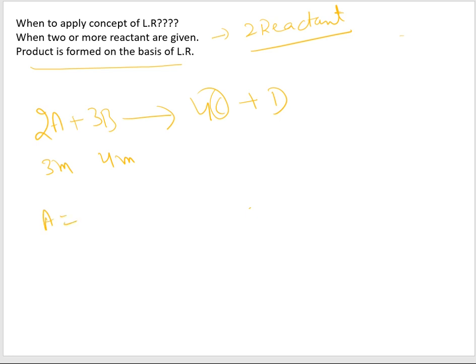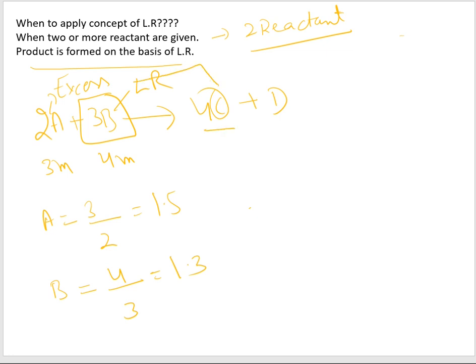For A, 3 moles upon the stoichiometric coefficient 2 becomes 1.5. For B, 4 moles upon the stoichiometric coefficient 3 is approximately 1.3. Which is the lesser number? 1.3. So it will be the limiting reagent. B will be the limiting reagent and A will be the excess reagent. Clear?